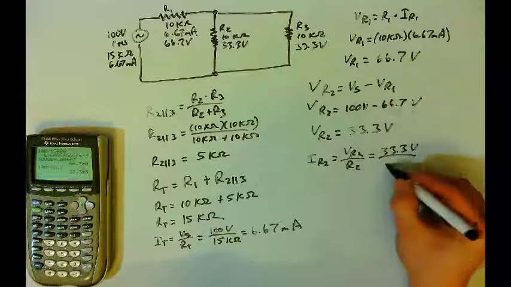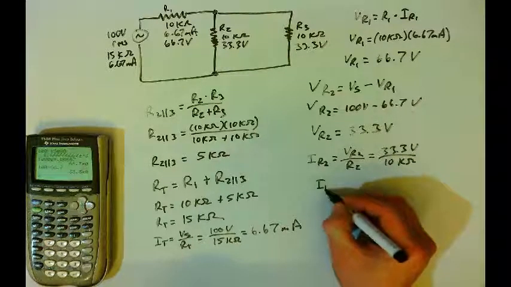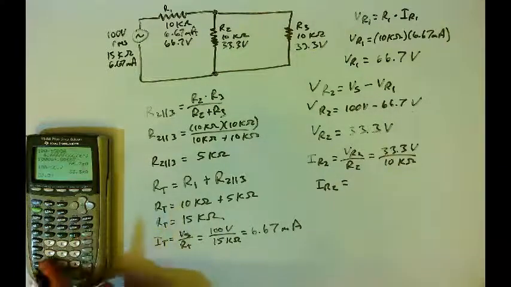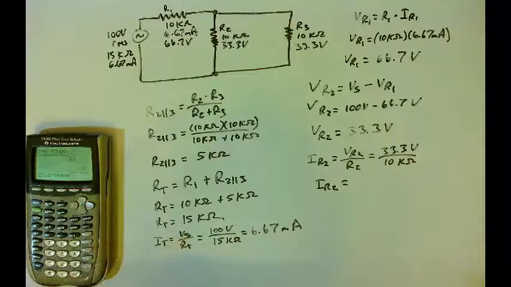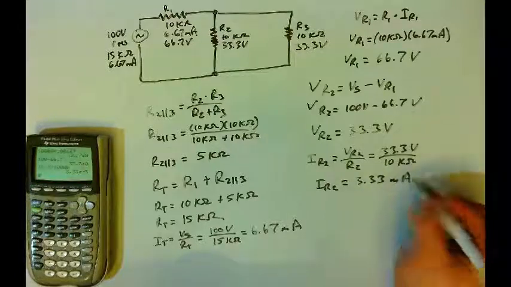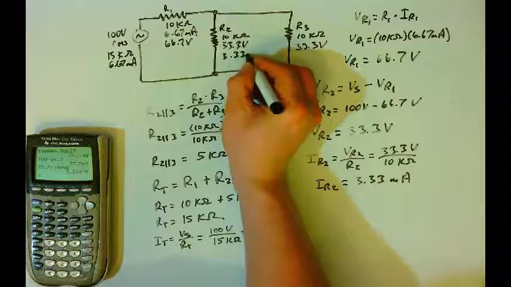The resistance value is 10 kiloohms. And so the current through R2 will be 33.3 volts divided by 10 kiloohms, which is 3.33 milliamps.